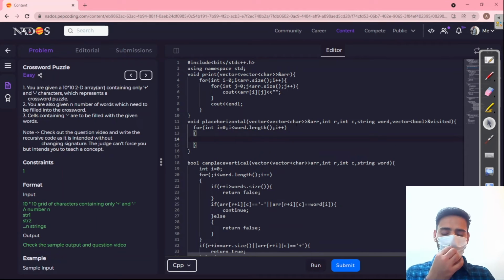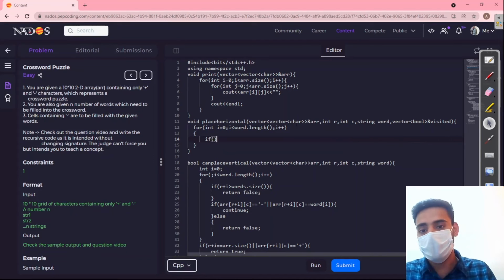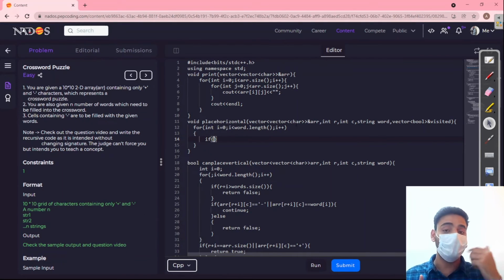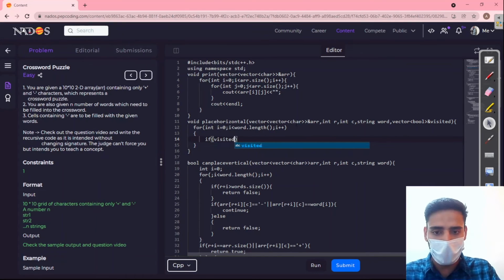Now there is one condition. We have to mark the letters of the word which are getting placed, right? So if the visited I is... okay, I missed something.